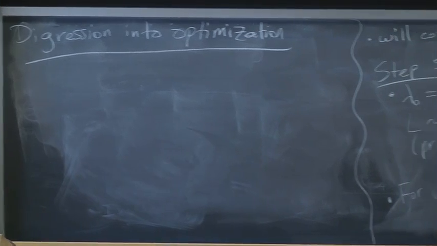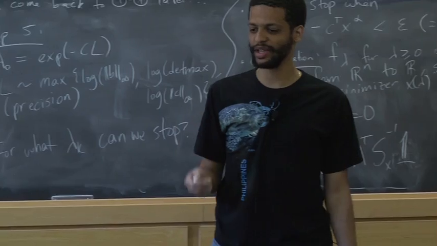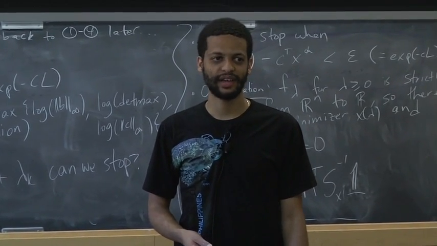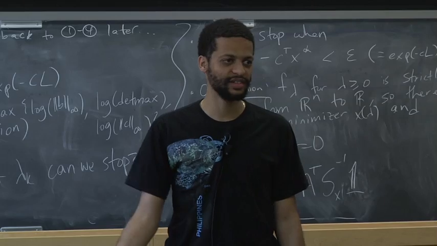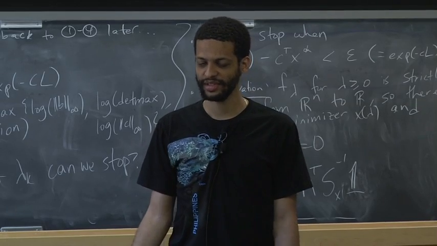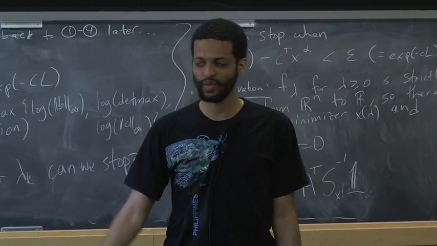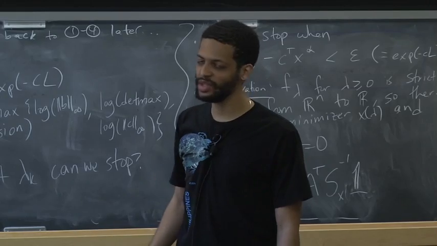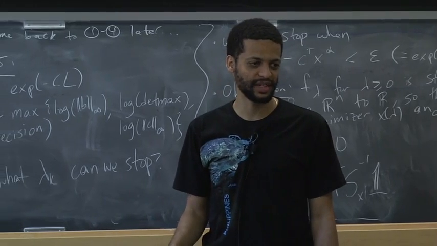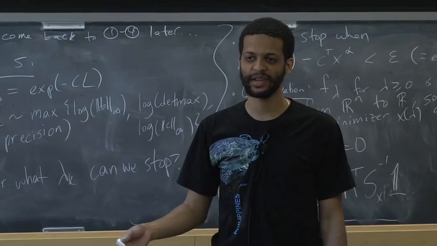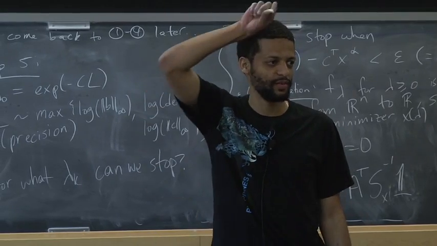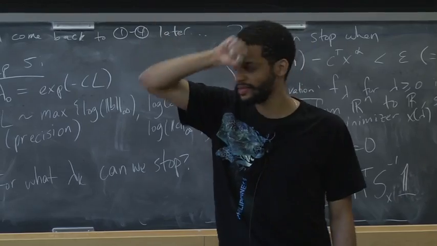I need to tell you, once we have a solution that's roughly good at minimizing something, how do we improve the error via some iterative approach? Okay, so that gets into the territory of optimization. And I just want to tell you a couple things that you'll need to know to be able to understand how we're actually going to do this. And this is going to come to your question of what do we do inside every iteration. Okay.